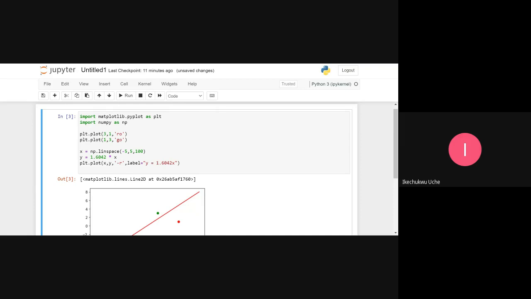So should I use the 1.060? Yeah, use that one. As in the one you just changed right now. Yeah, use that value. That's the value you had when you were calculating.